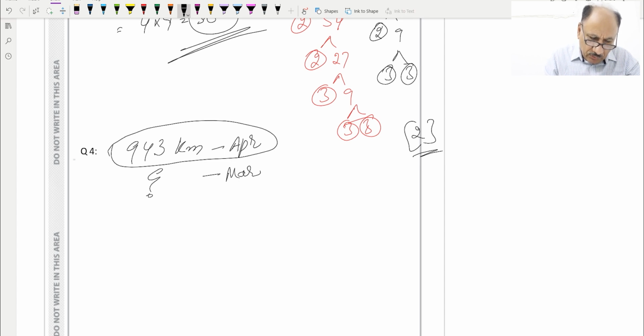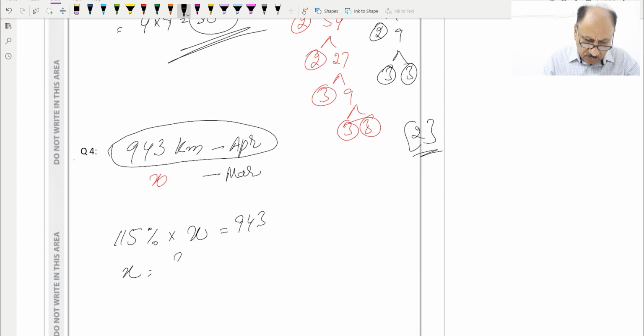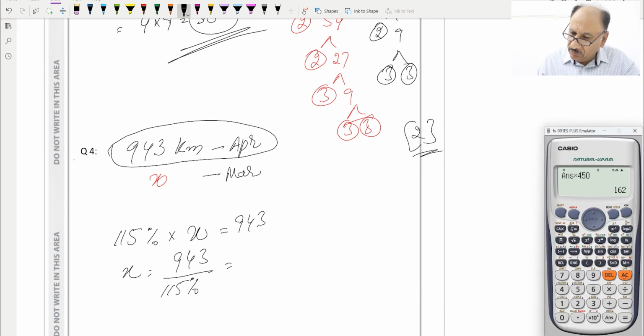So we don't know March, so we can take March distance as X kilometers, and we can write 115% of X, because April is 15% more, so 100 plus 15 percent, and this is equal to 943 kilometers. So X will be equal to 943 over 115%, and this one we can calculate over here.